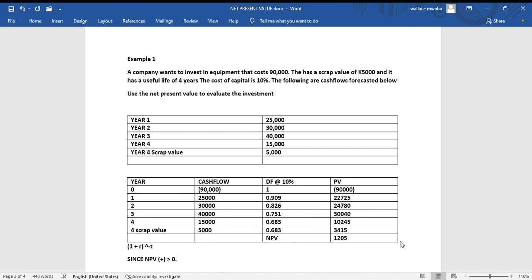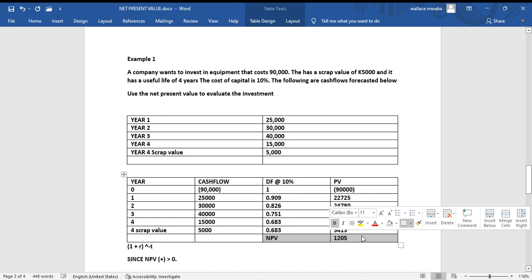So as the financial advisor, you would tell the company to buy this equipment, even though it means you have to borrow money. Just buy the equipment and you can expect to get more than you invested.